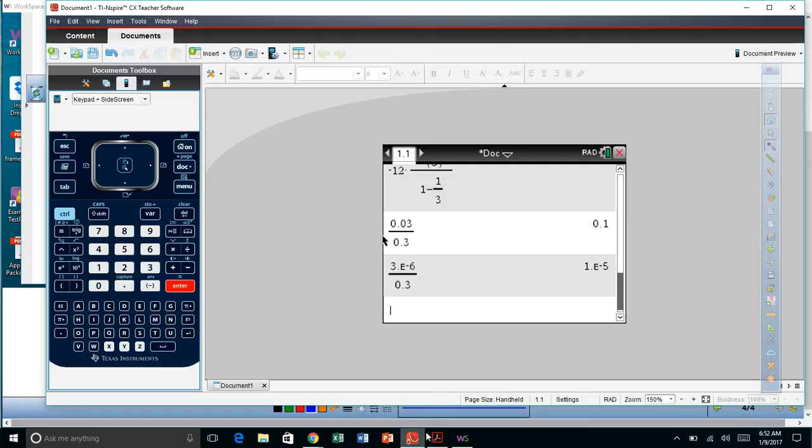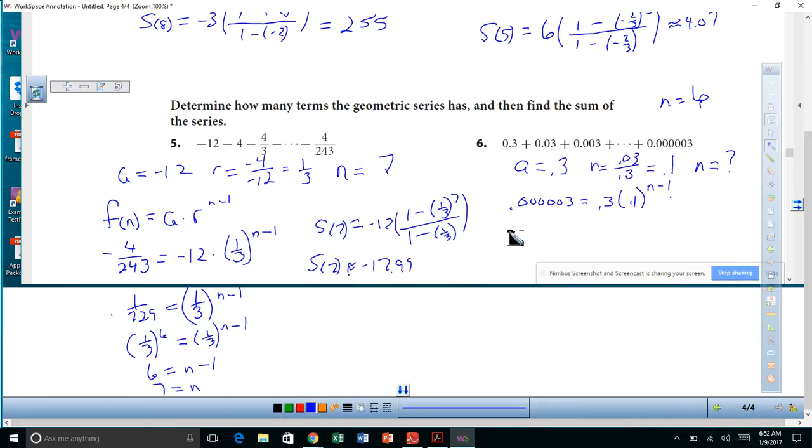So that's going to be 0.1 to the N minus 1.